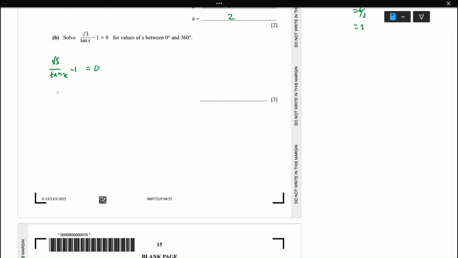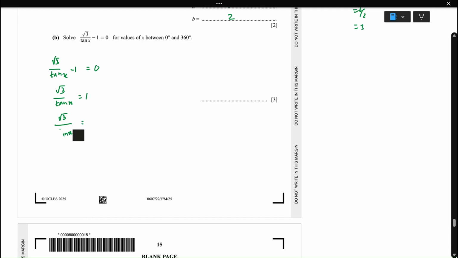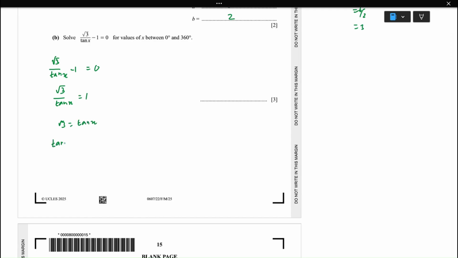Then I'll shift this 1 this side. Next, I'll bring this tan x to the other side. So root 3 equal to 1 times tan x, which is tan x. So what I got, tan x equal to root 3.